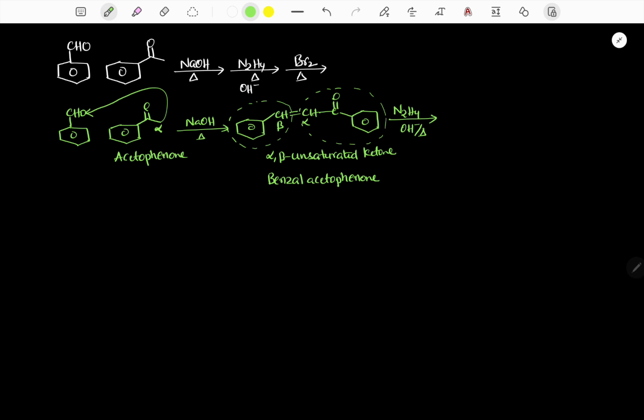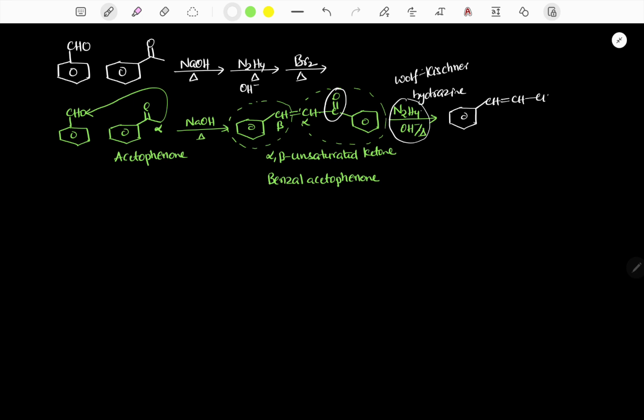Now it is treated with N2H4 and OH minus, heat. This condition is hydrazine and base. N2H4 means hydrazine, so hydrazine, base and heat. This is the Wolff-Kishner condition, Wolff-Kishner reduction. For Wolff-Kishner reduction, to write the answer, remove the oxygen and write down the carbon.